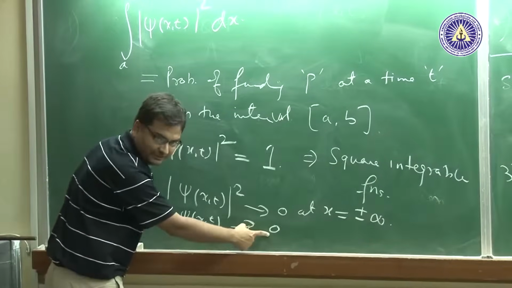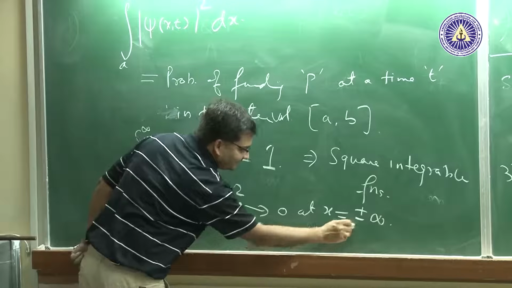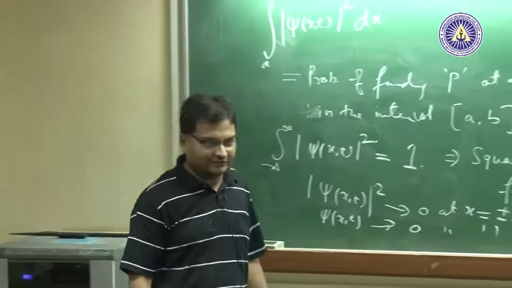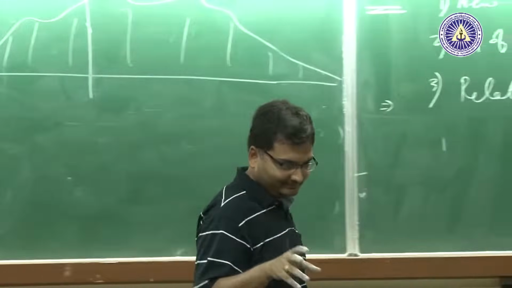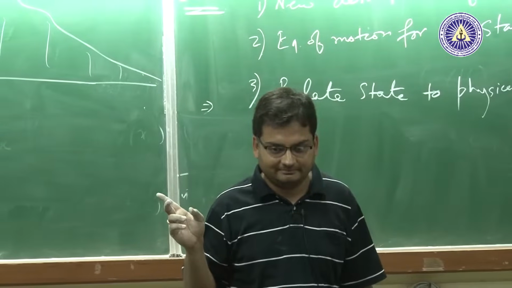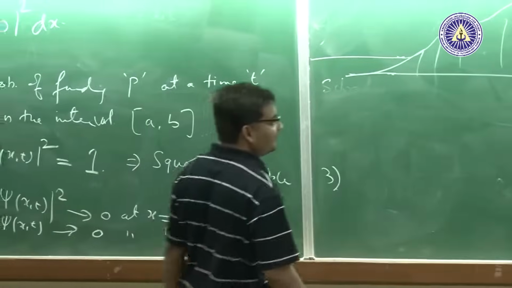This 0 is a complex 0, 0 real plus i 0. So, these are the two criteria that the wave function must satisfy for it to have a probabilistic interpretation. We are on the same page, right?